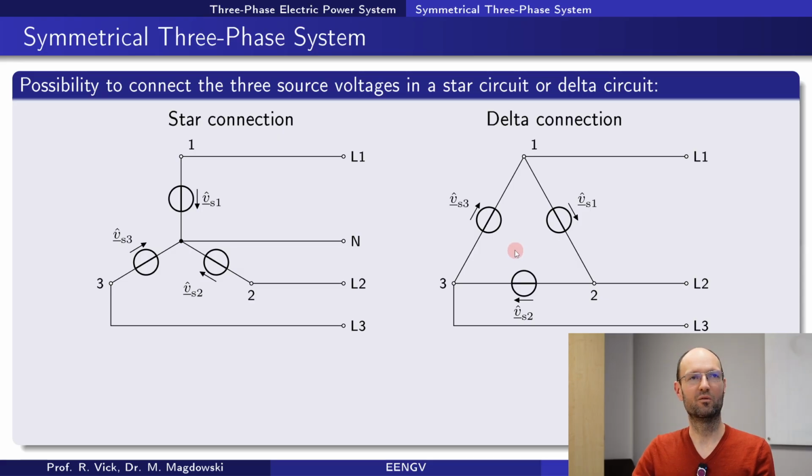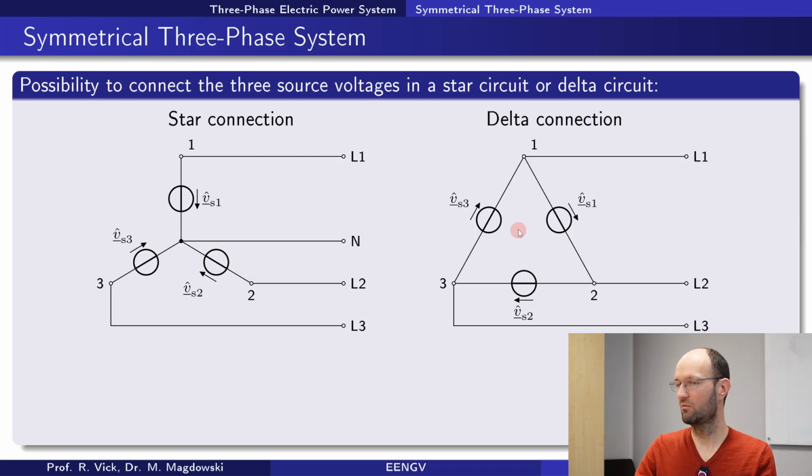And this is super handy, because we could take the very same generator and connect the very same generator in 2 different ways, in the star connection and in this delta connection.